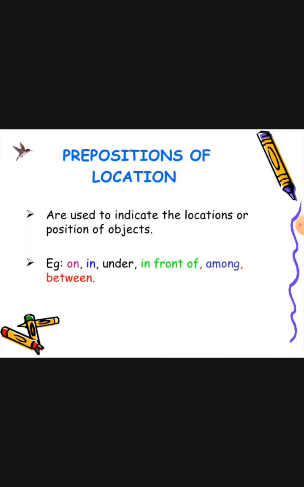Now let's study them. If we see the picture, the apple is kept on the stool. So to show that the apple is on the table or on the stool, when something is kept on something and there is a connection, we use the preposition on.